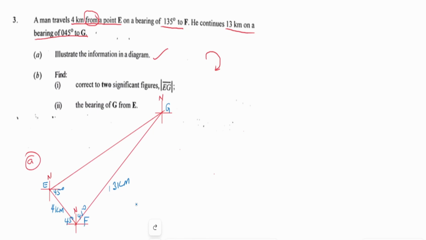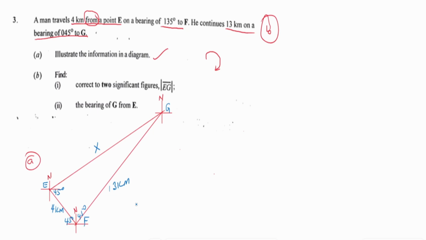Now let's go to the B part of the problem, which asks us to find, correct to two significant figures, the length EG. So this is the length EG, and if we decide to call it X, then the easiest way to solve this problem is to come back to the diagram.